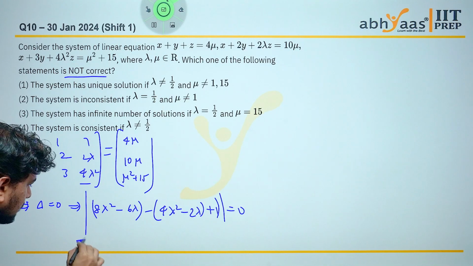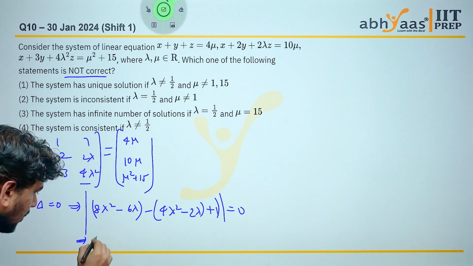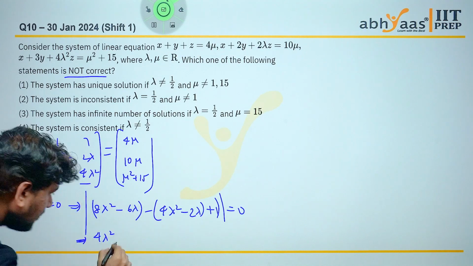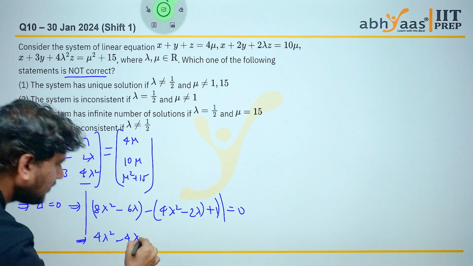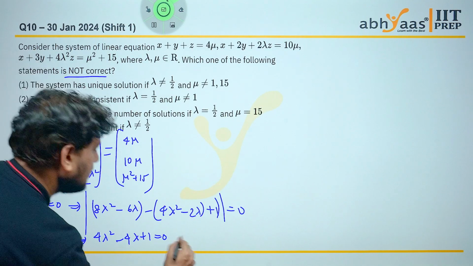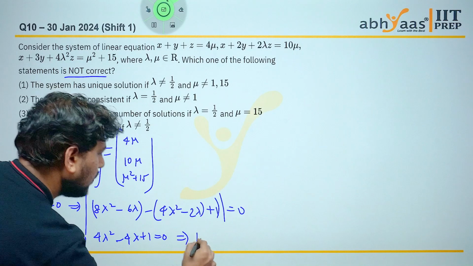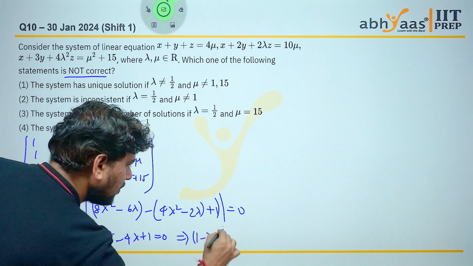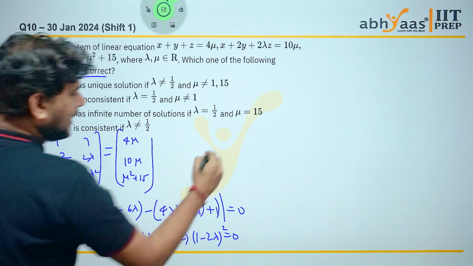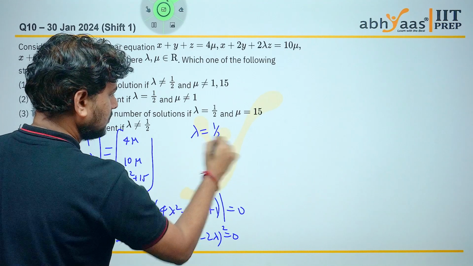So 8 lambda square minus 4 lambda square, 4 lambda square minus 6 plus 2 minus 4 lambda plus 1 equal to 0. So this can be written as 1 minus 2 lambda whole square equal to 0 or 2 lambda minus 1 whole square equal to 0. So we get lambda is equal to 1 by 2.